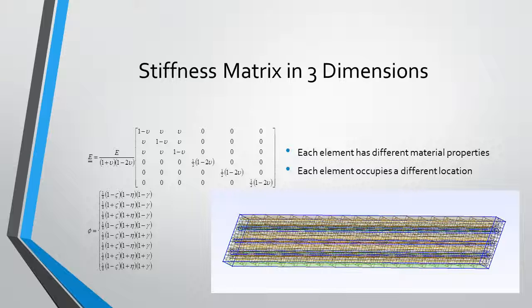Another big change from 2 dimensions is that now there are twice as many shape functions, and that the master element is now a 3-dimensional cube rather than a 2D square. We are using a composite material, so there's a different elasticity matrix for each element based on whether it's in the fiber or the matrix.